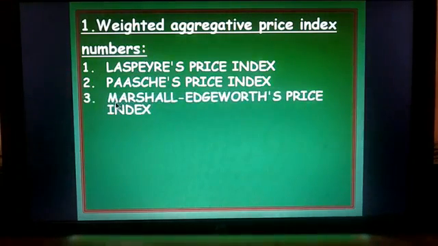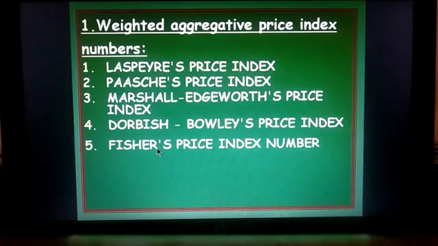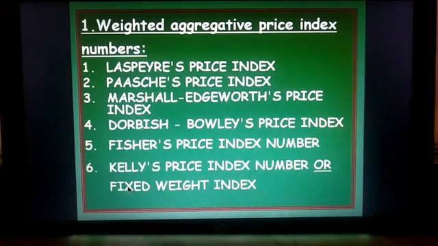So in the similar way, Marshall-Edgeworth price index number, and then Dorbish-Bowley's price index number, Fisher's price index number, and lastly Kelly's price index number or fixed weight index. These are all the types of weighted aggregative price index numbers which we have in our syllabus.